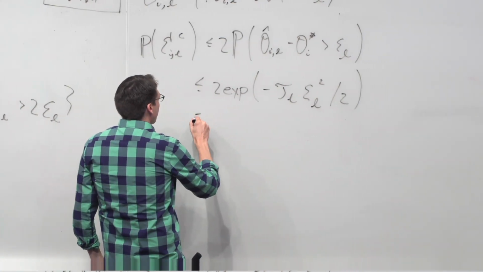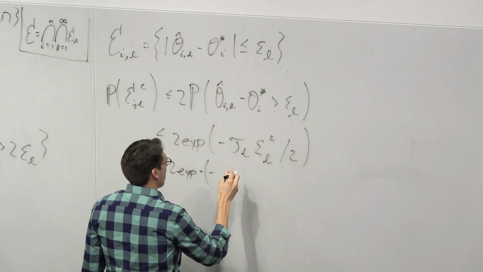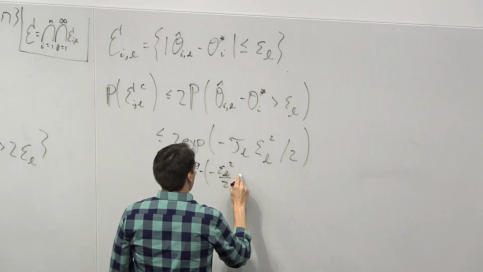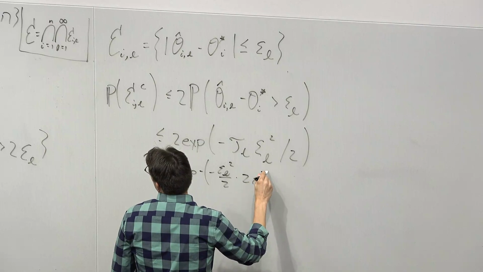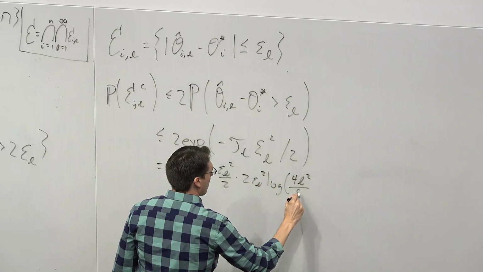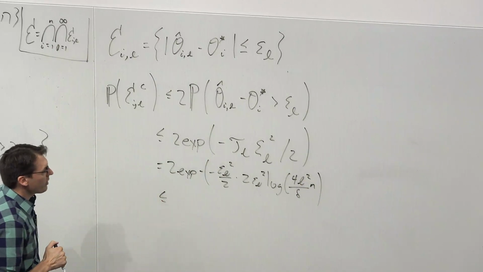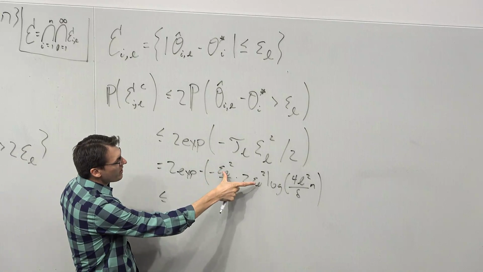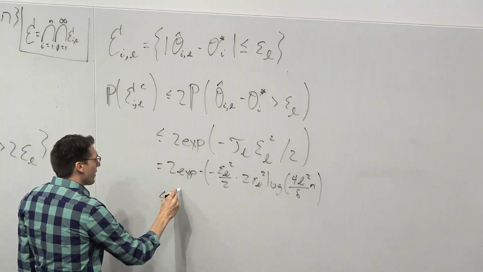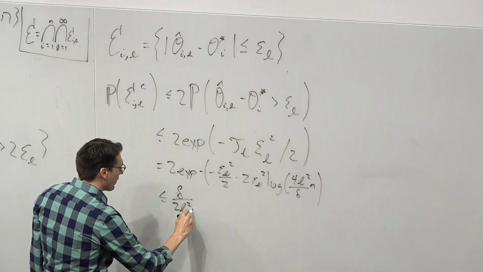And that's going to be equal to, these epsilon L's cancel, these 2's cancel, this log comes downstairs, and we get delta over 2L squared n.